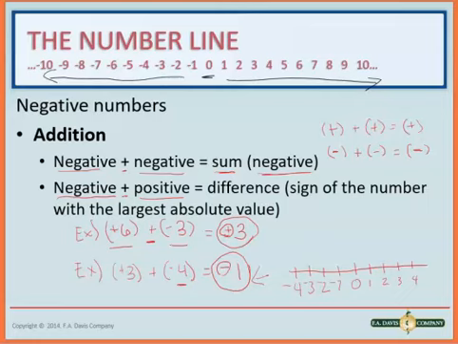Okay, so we're going to start out with 3 because that's our starting point, and we're going to end up taking away 4 because that's our difference. So we're going to end up hopping 4 spots. So look where we end up: at negative 1, and that's the answer that we got, negative 1.